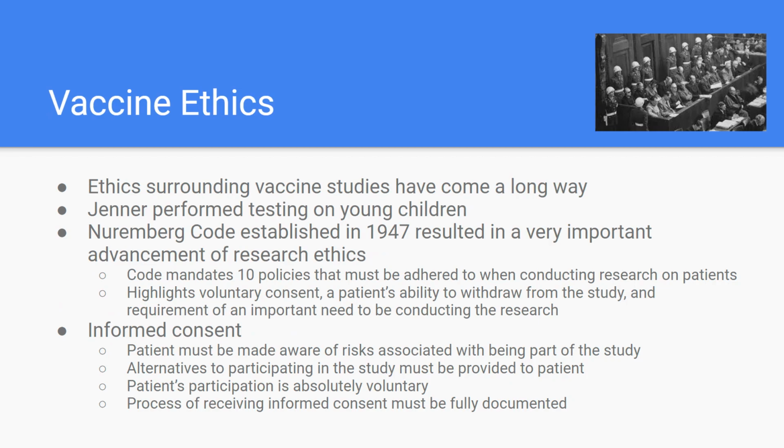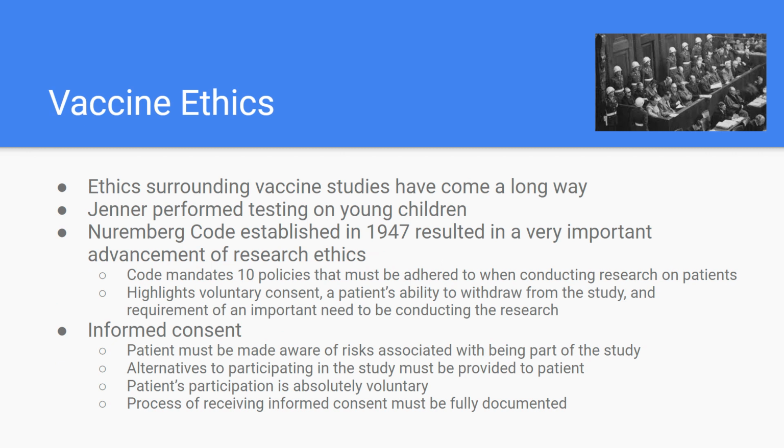Now, finally, many different research studies being done for all of these different viruses affecting humans resulted in a gradual increase in rules and regulations involving ethics surrounding these research studies. They really have come a long way from Jenner's first tests, when he performed testing on young children. He really did not receive consent at all.